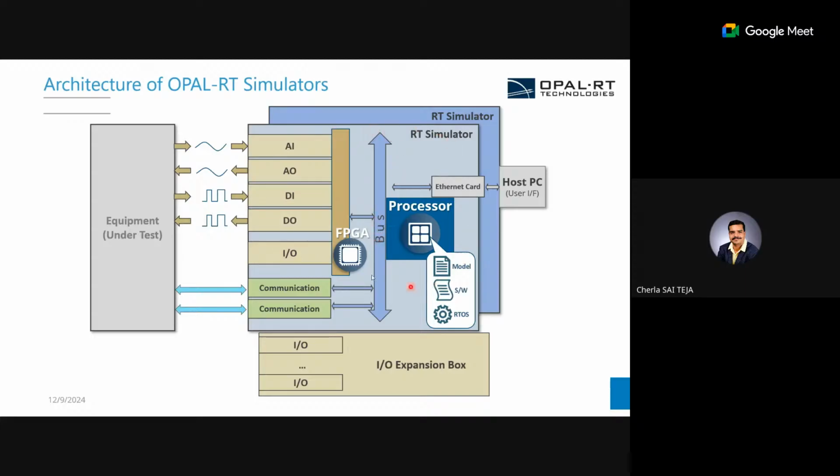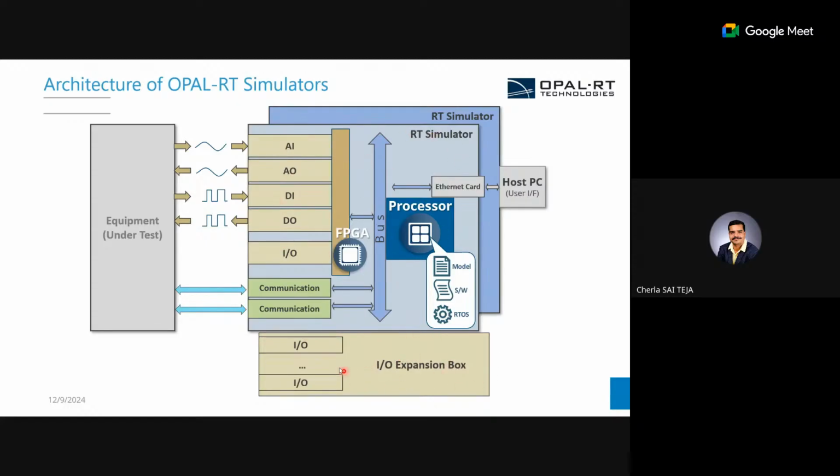And as I told, all the systems are flexible. Today I'm having only one set of analog and digital channels. Tomorrow, for a different project, if I have to go for more IO channels, we just have to add one IO expansion box. So this main simulator will remain the same.